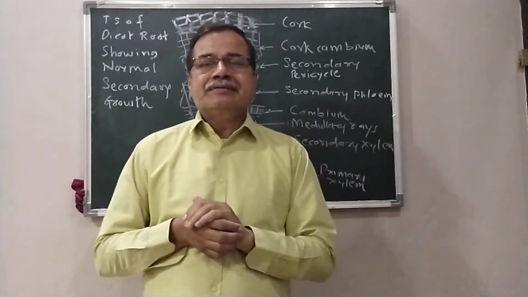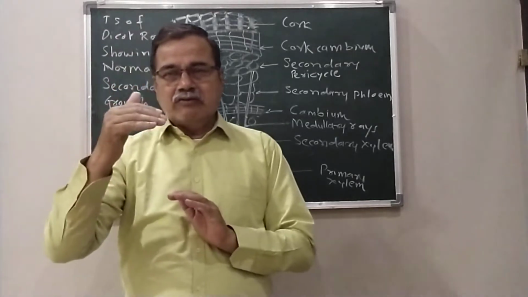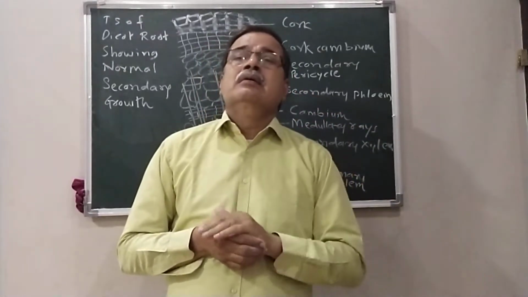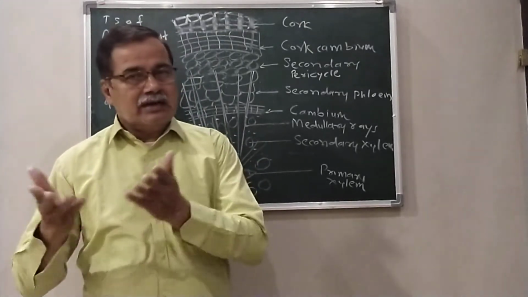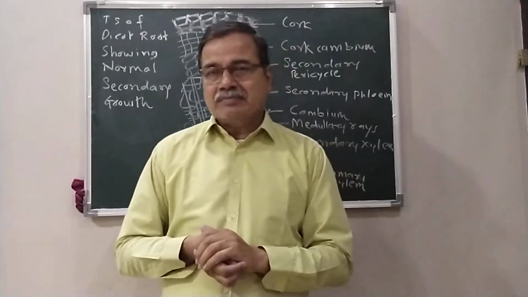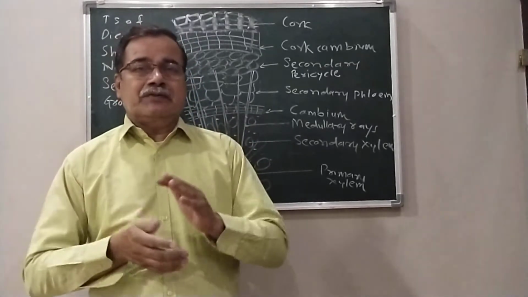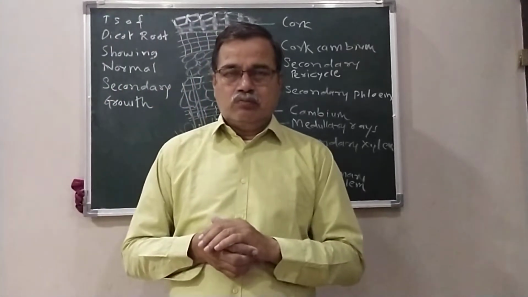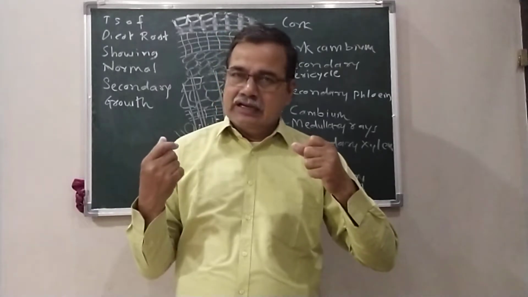This wavy band is developed above the primary xylem and below the primary phloem. Due to this band, in general, the primary xylem is pushed towards the inner side in more amount, but in the root, the primary phloem becomes very active initially, due to which more of the primary phloem is pushed towards the outer side and a lesser amount of primary xylem is pushed towards the inner side.